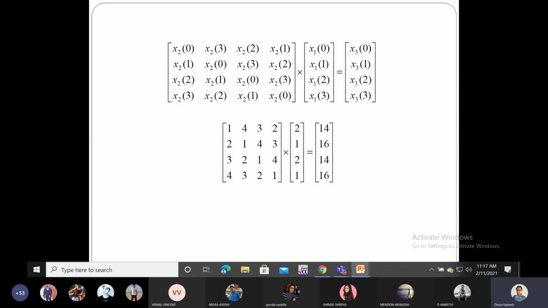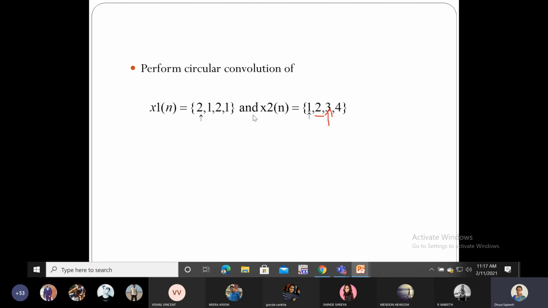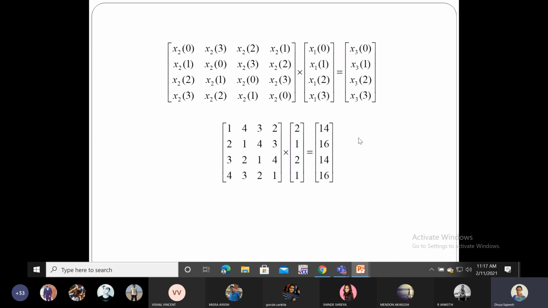Then your first element will be y of -2. Understood? y of -2 will be 14, y of -1 will be 16, y of 0 will be 14, and y of 1 will be 16. Since in this case both were starting at origin, I took y of 0 as 14, then y of 1, y of 2, and y of 3.